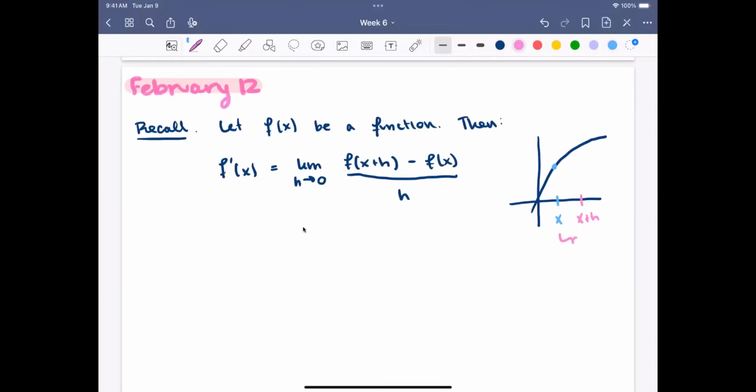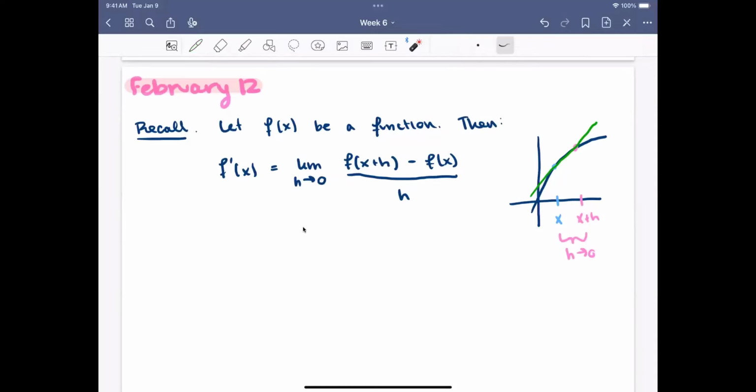That distance h is going to go to 0, and I look at the line in between those two points. As you drag that pink point closer and closer to the blue one, you will approximate the true tangent line. And this expression here is just the slope of this green line. So it's change in y divided by change in x.